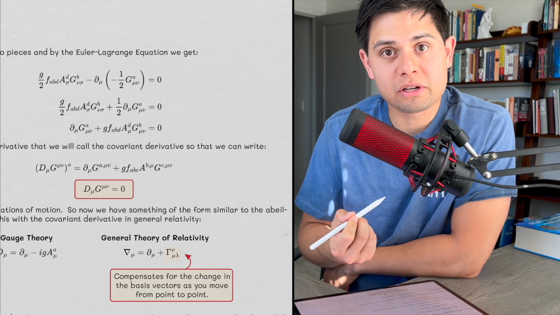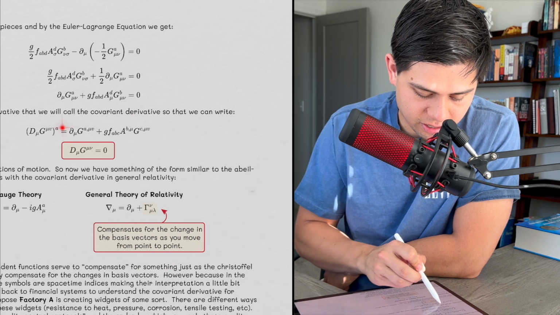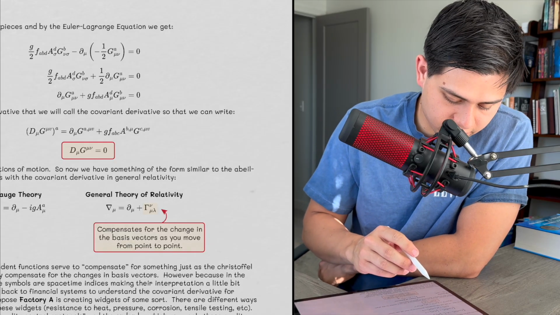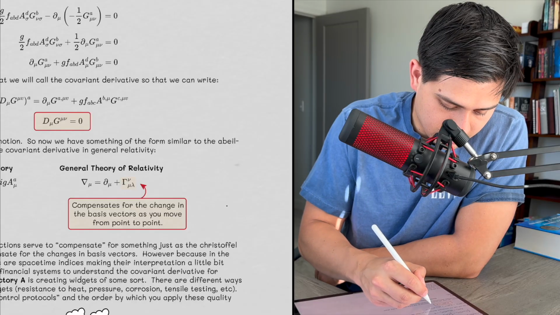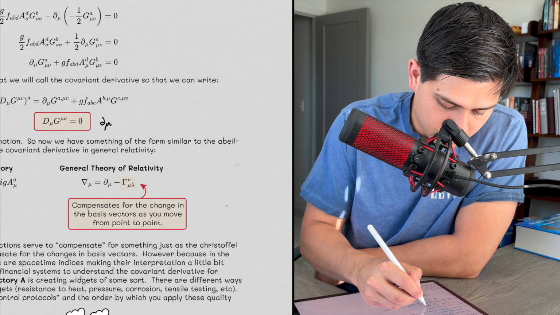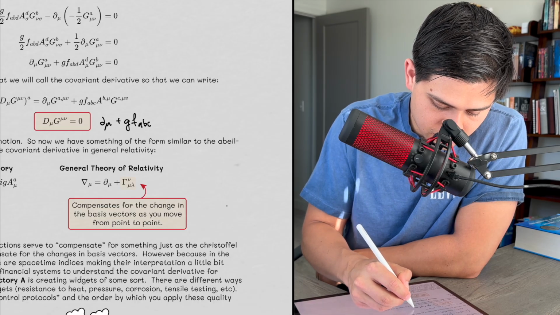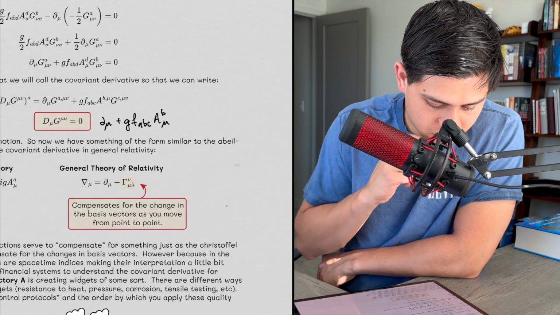We multiply both sides by 2, and we have this guy right here. We're defining now this thing to be our covariant derivative. So the covariant derivative is d mu plus g f a b c A b mu, right?